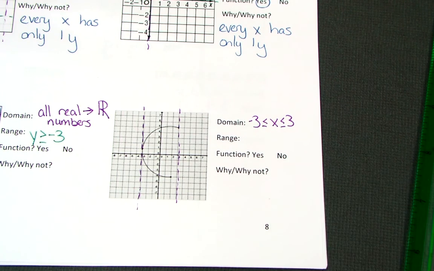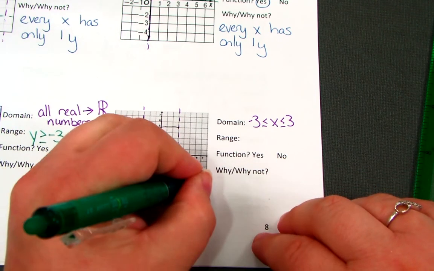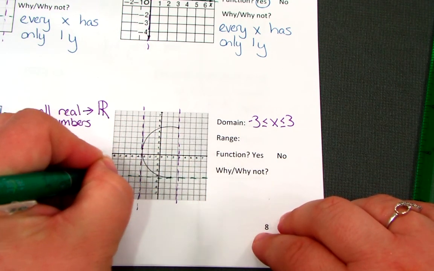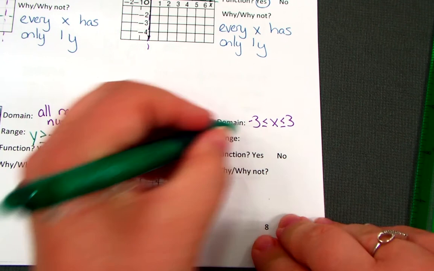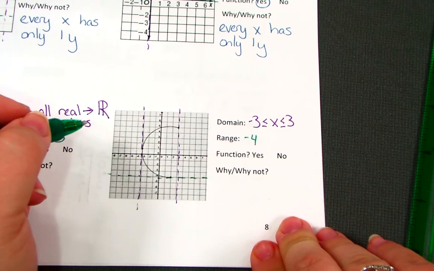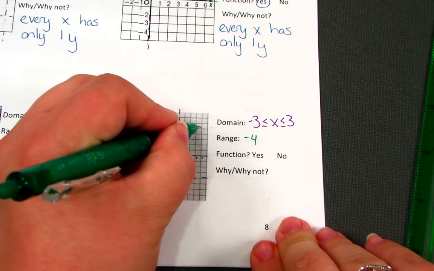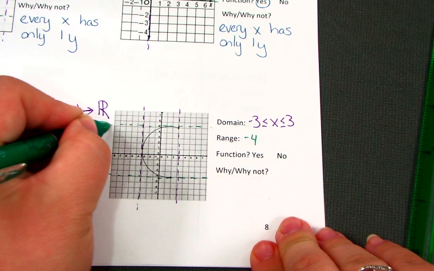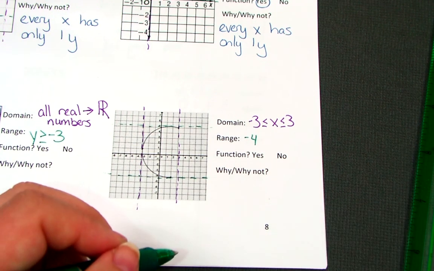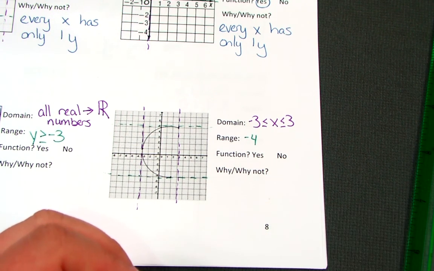Let's do the range. Furthest to the bottom, -4. Furthest to the top, just a smidgen over 5. And I will say that most of the time, anything that I would give you is going to cross at a nice place.